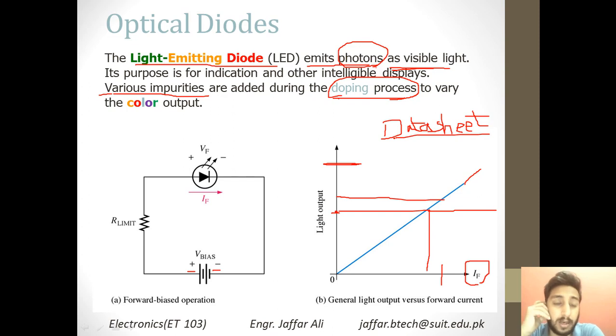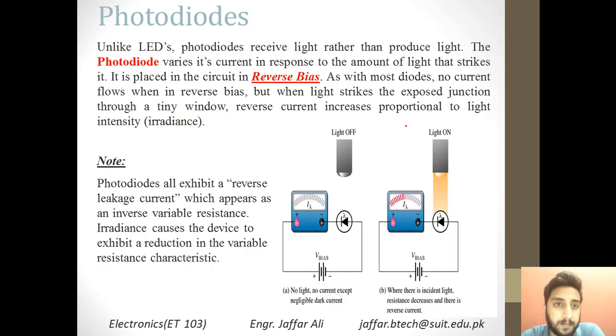If you are looking for a specific LED, search for the company and search for their models or different LEDs, and in that data sheet you will get the maximum light output, which is basically measured in lux or candela, from where you can measure the intensity of light and its corresponding currents. So if you want to go to higher currents for higher light outputs, you can use these data sheets before actually buying the LED from the market.